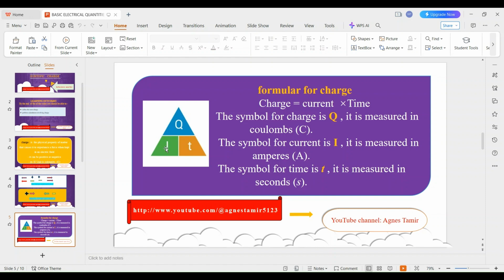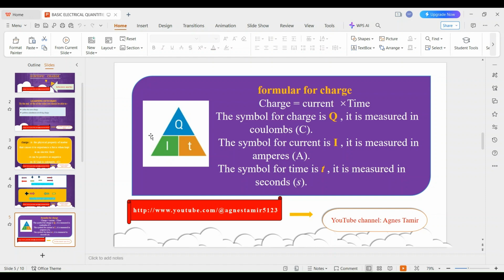Current, we said previously, is the rate of flow of electrons and is measured in amperes, abbreviated as capital A. The symbol for time is t and it's measured in seconds, abbreviated as small s.